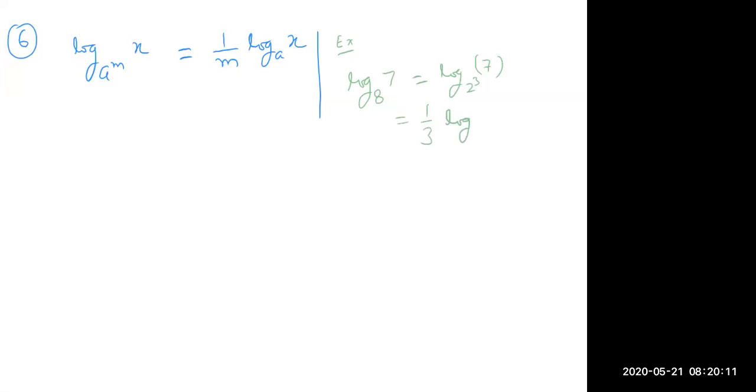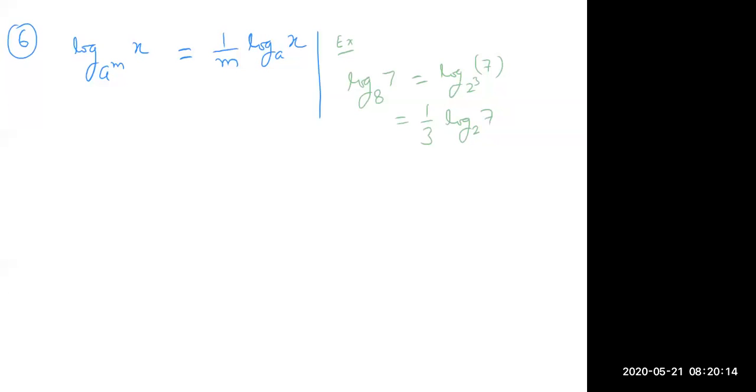See log, sometimes what happens, power may be in the base, like A raised to power m, x. Then this is equal to 1 upon m log A x. Example of this, log 8 7 can be written as log 8 can be written as 2 raised to power 3. So this will be 1 upon 3 log 2 7.